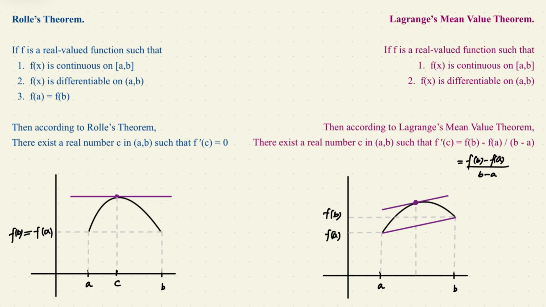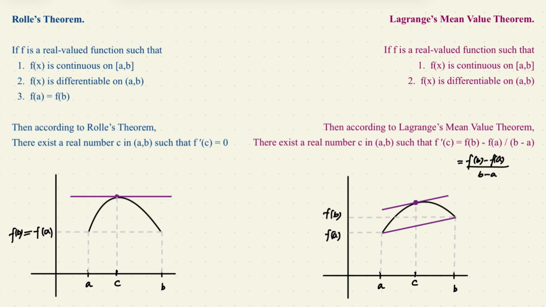That means the slope of this tangent and the slope of this line should be equal. Now if you see here, (f(b) minus f(a)) over (b minus a) is the slope of this particular line, and f'(c) is the slope of this tangent at x equals c. So this point is my c.